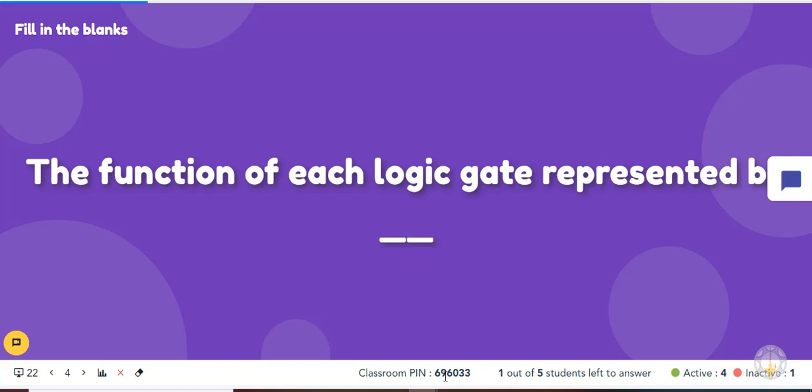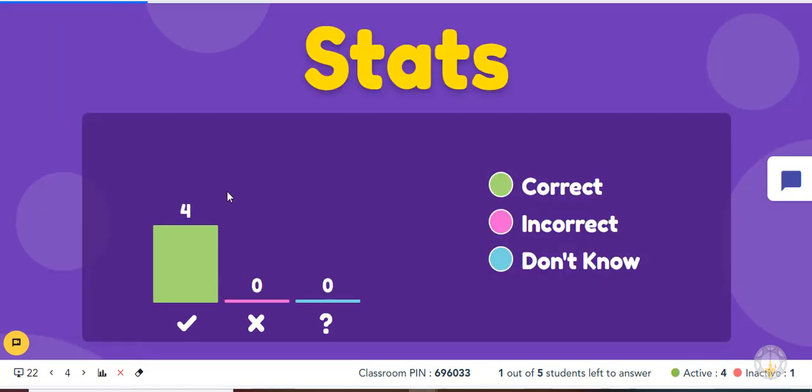Here you can see the status of active and inactive students. 4 students are active and 1 student is inactive. Now we will see the statistics. The 4 students have given the correct answer. 0 students have given an incorrect answer, and the same for the don't know option.